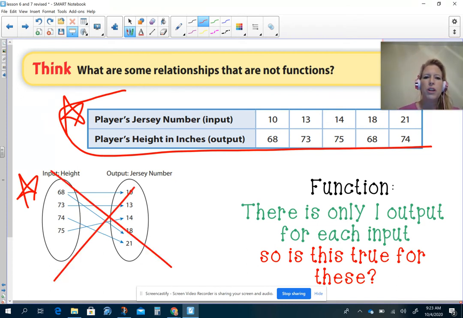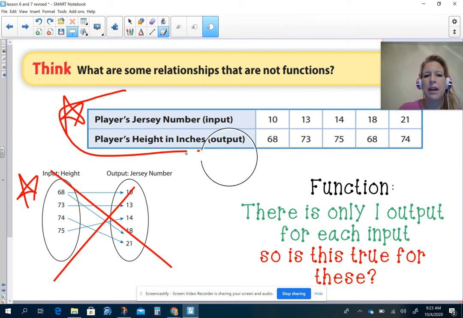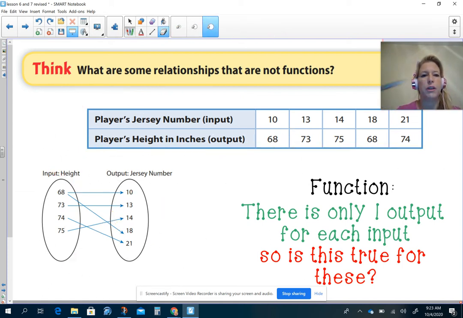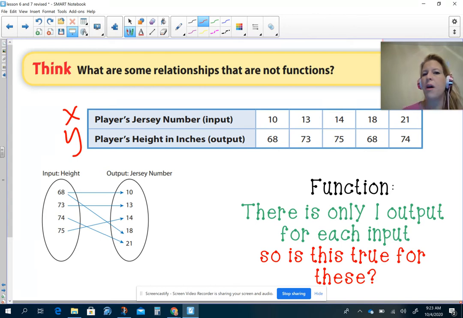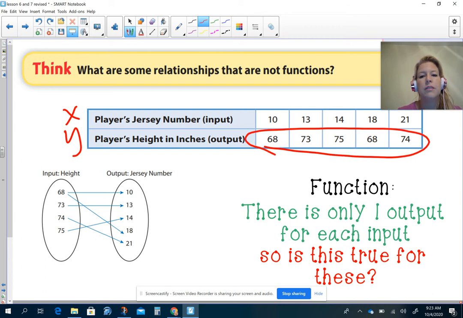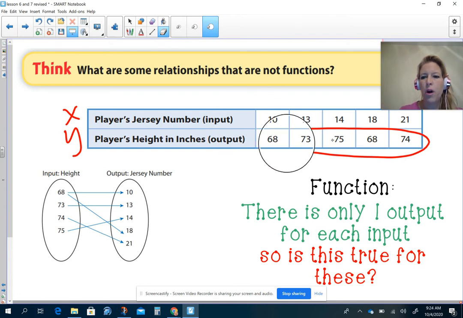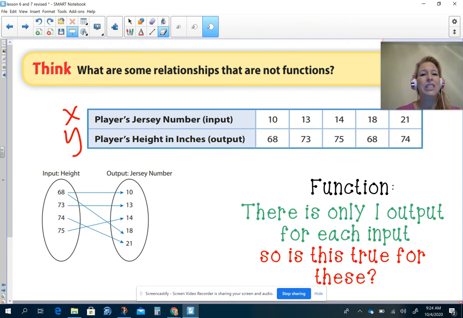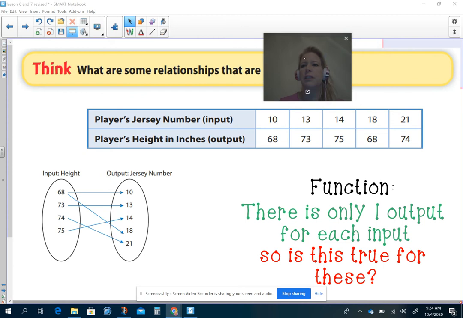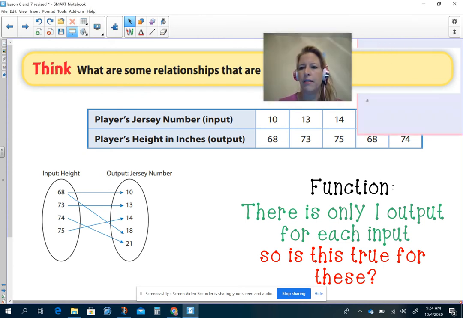So what do you notice in order for it to be a function versus not a function? Can my x's repeat? Can my y's repeat? So my y's can repeat, but my x's cannot. So that's what one output for each input means. My x's cannot repeat.